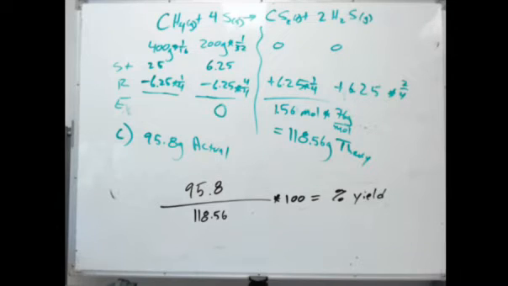Is it possible to have a percent yield over 100%? Yeah. Like if you're doing it out in the open air, there's technically other things interacting with the system. So on paper, it's impossible to get a percent yield over 100%. We should never make more than what we have.